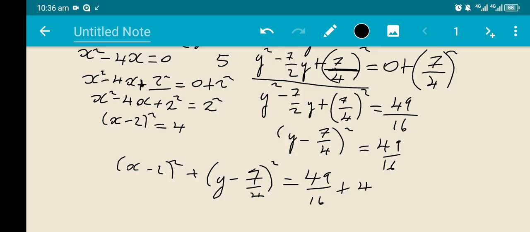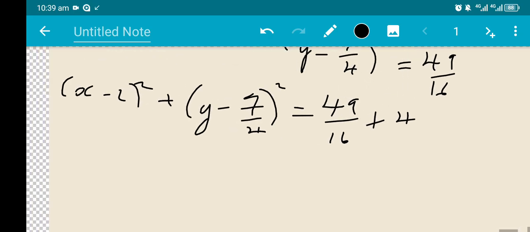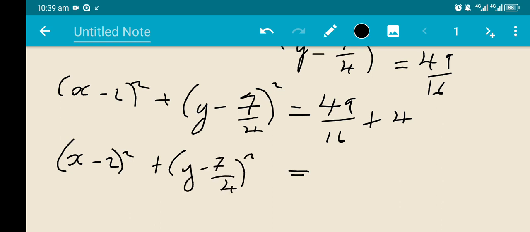Let's simplify what's on the left, rather, let's first rewrite everything on the right. This would be x minus 2 squared plus y minus 7 over 4 squared should be equal to, let's take the common denominator here. So this is over 1, then you say over, what is common between these two? It would be 16.